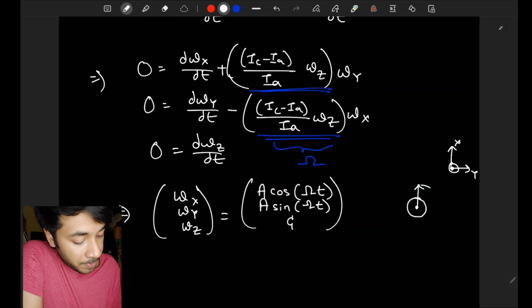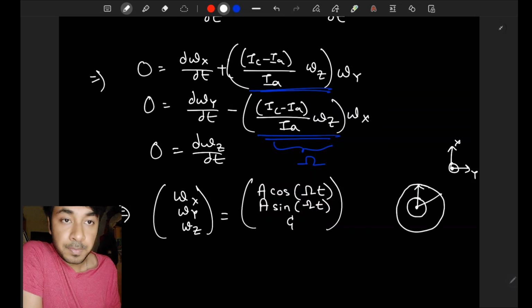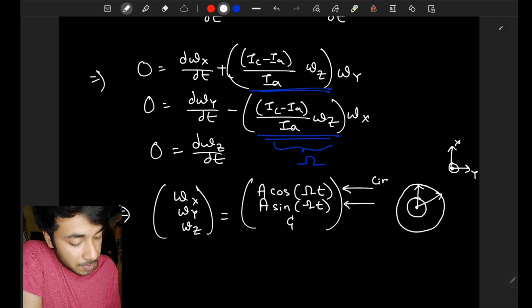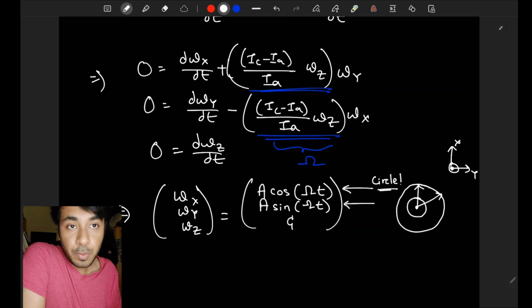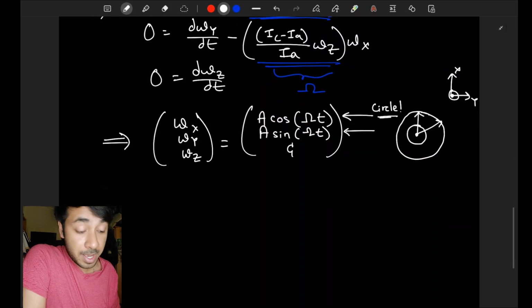When we push it in this way, we have a movement in this region. And this is exactly a circle equation that is defined through exactly these two components here. These are circles. So this is exactly why the nutation happens, because the L has to be compensated with the movement of the direction of omega x and omega y.